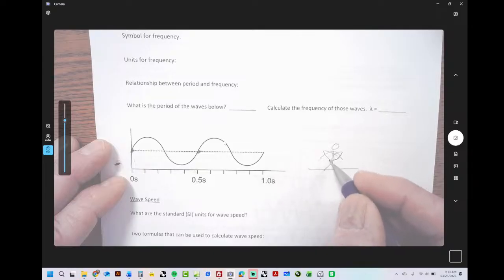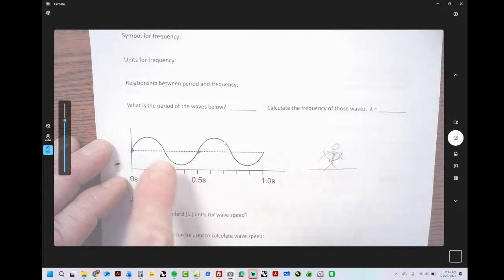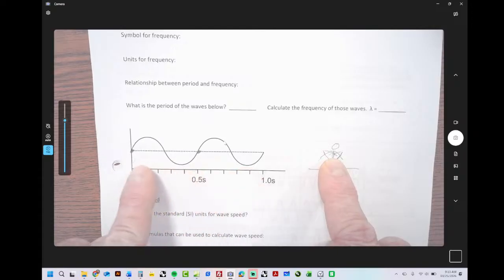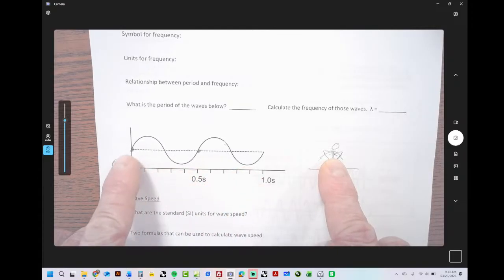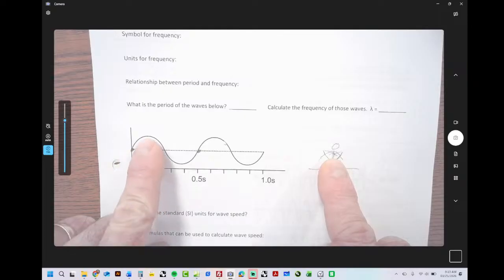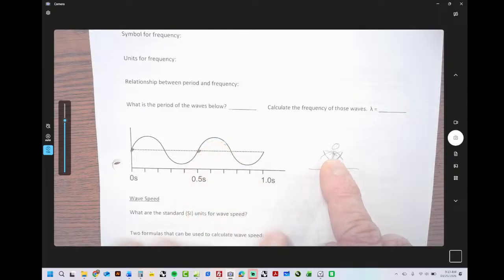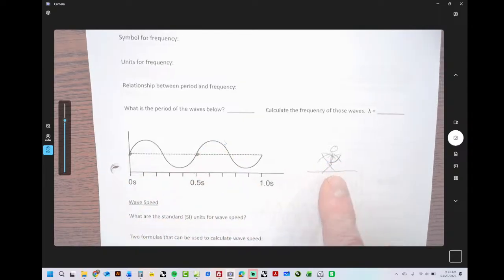So the water is going up and down on this person. If you imagine somebody standing here, at time 0 they're in between. Then at about 0.1 seconds they get splashed, and at about 0.6 seconds they get splashed again. That's what this is conveying.